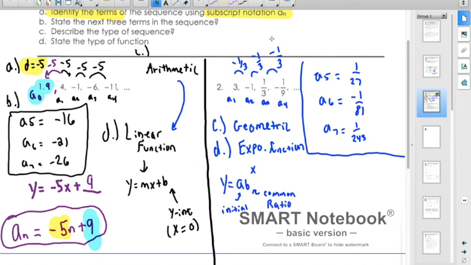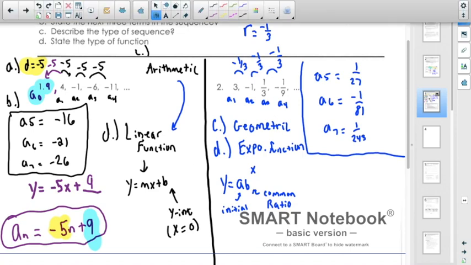In this case, our common ratio is negative 1/3. So we're already halfway there. Okay, so again, geometric sequences are also going to follow exponential functions, just like arithmetic sequences look like linear functions.